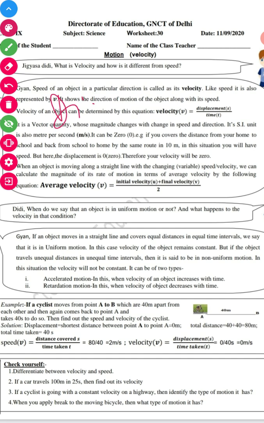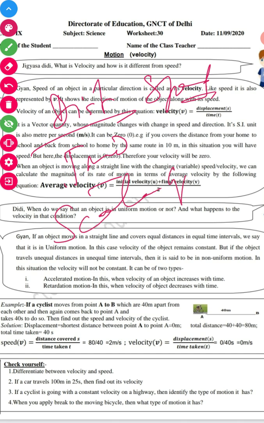Distance covered per unit time is called speed. Speed is a scalar quantity, as I told you, because it has only magnitude. And average speed will never be 0.